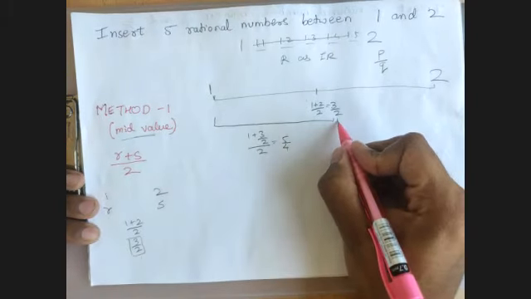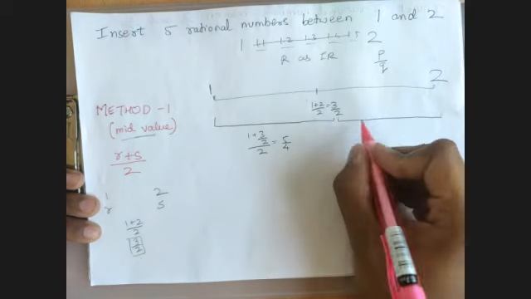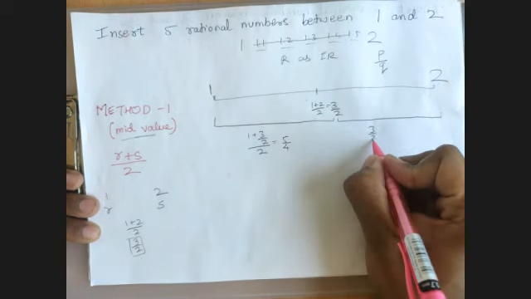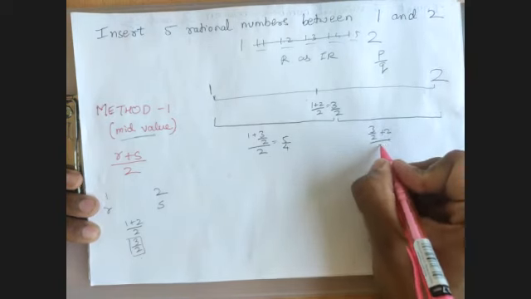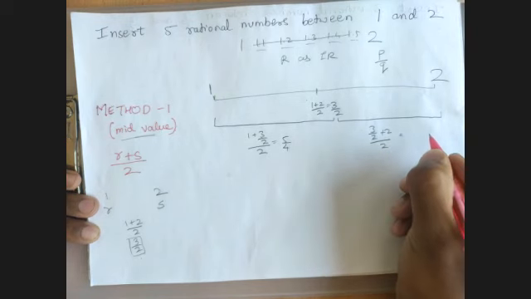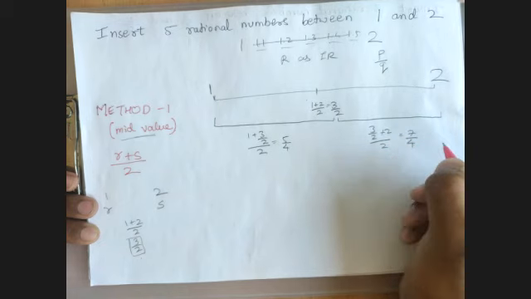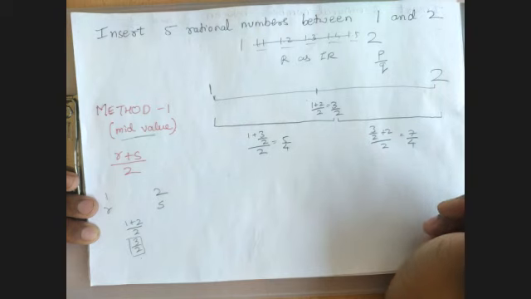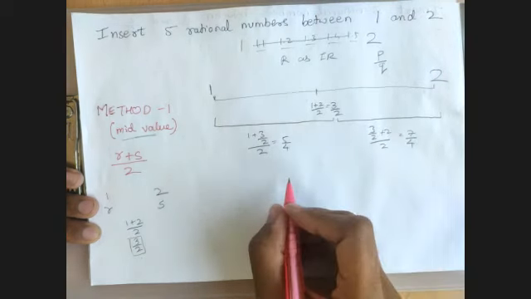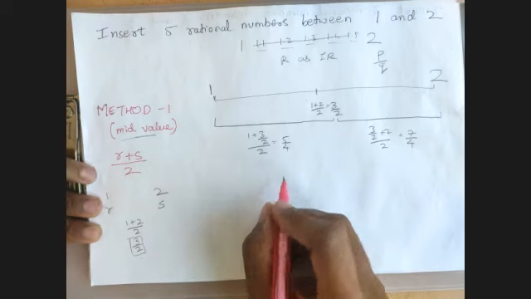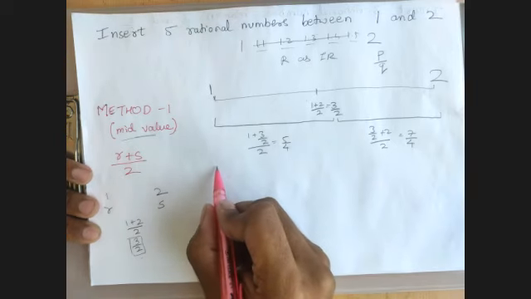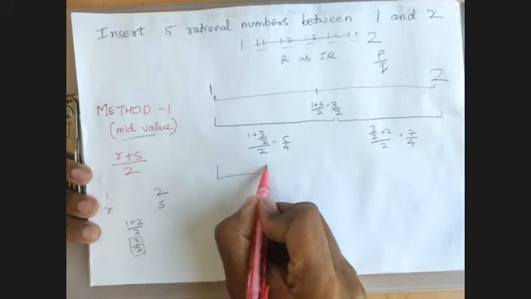And I would take a midpoint between 2 and 3 by 2. 3 by 2 plus 2, by 2. That is equal to 7 by 4. Okay. Now what I'll do is I will take the midpoint between 1 and 5 by 4.